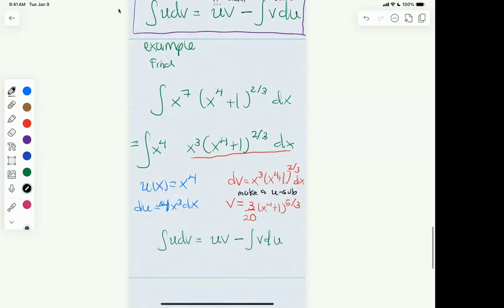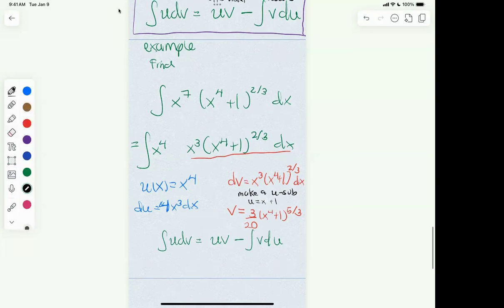Actually, I can write what the u would be. And that's where that comes from.